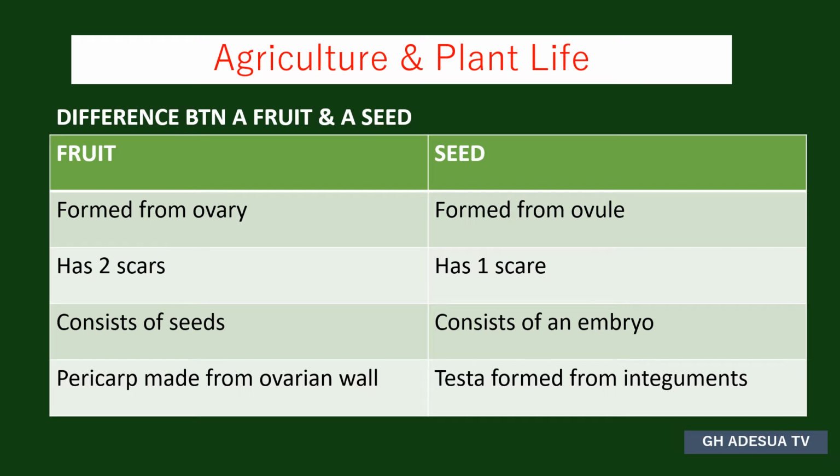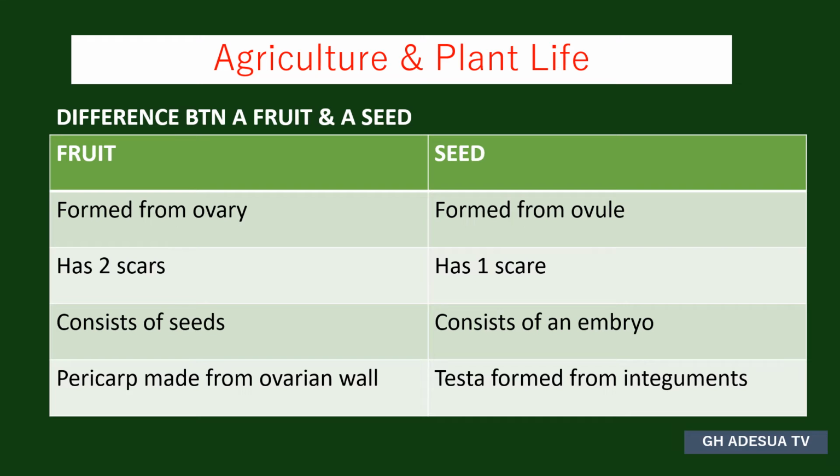All right. So we have mentioned a seed and we know of a fruit. Now let's try and distinguish between these two. These can be easily asked of you in an examination. Now the fruit is formed from the ovary, whilst the seed is formed from the ovule.